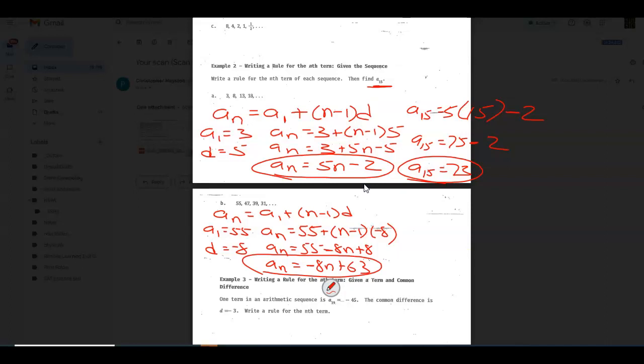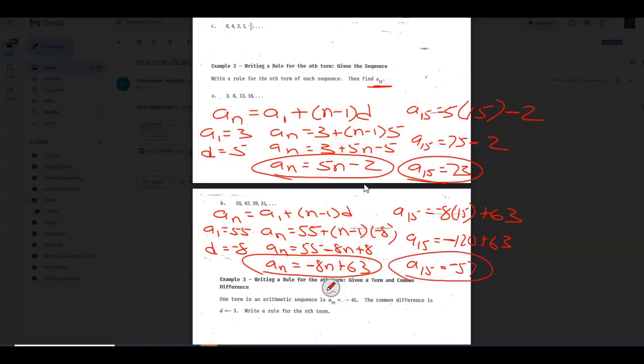Okay? And then, we want the 15th term. A sub 15 is going to be negative 8 times 15 plus 63. A sub 15, negative 120 plus 63. I'm saying my 15th term is negative 57.